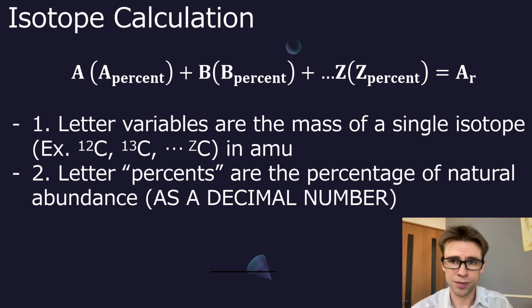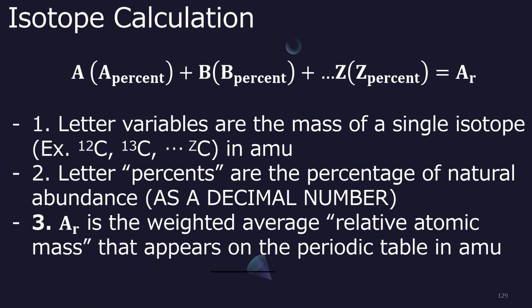You might see some textbooks and people write this equation instead using actual percentages, and then they'll just divide each term by 100. You can also do that, but I prefer to write it this way, I just think it's faster. Then AR is the weighted average relative atomic mass that appears on the periodic table in atomic mass units, AMU, or just U sometimes.